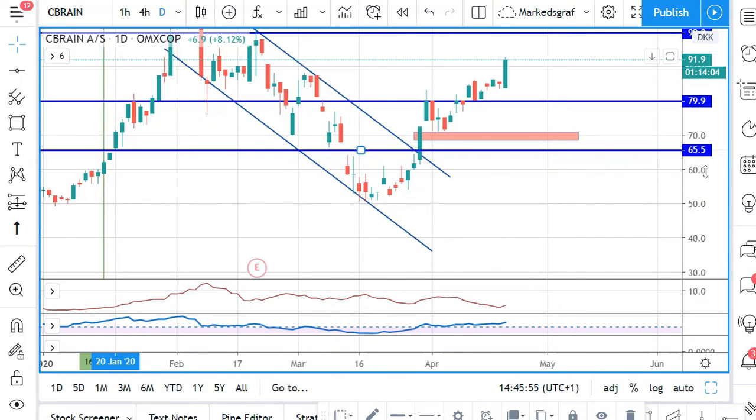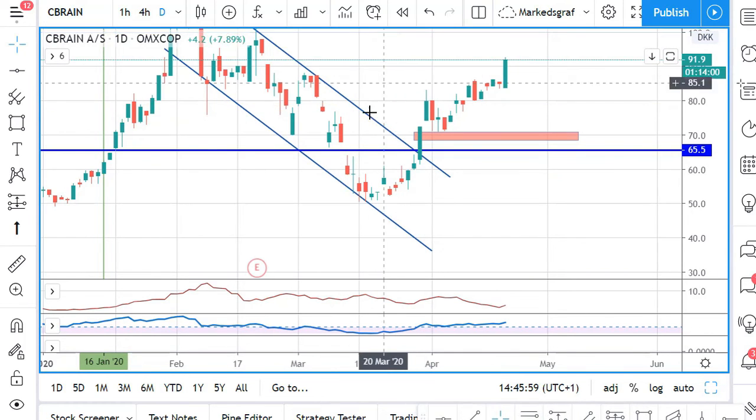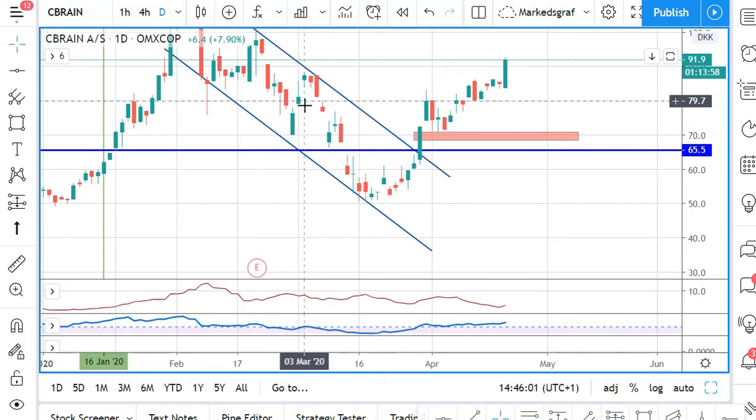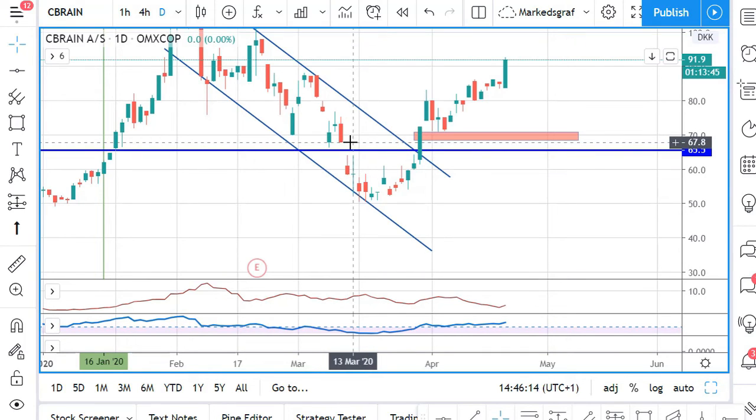And that is at 65.5. Let's delete some of the other stuff here. All right, so I can see that it's getting close to my stop loss, but the stop loss is not hit yet. But I know, or at least I thought I knew, that I would get stopped out here at 65.5. Right now this day it is at around 68.